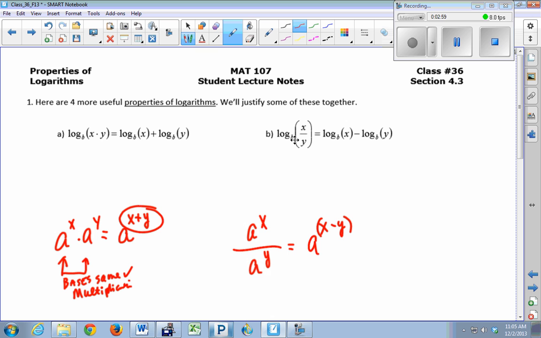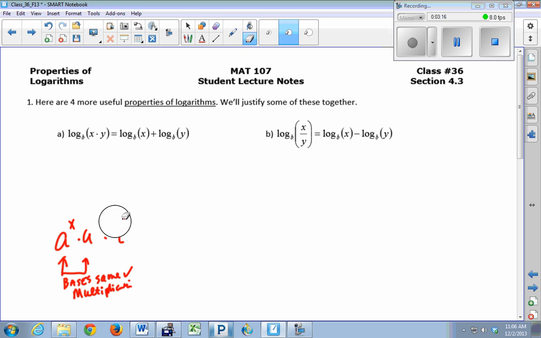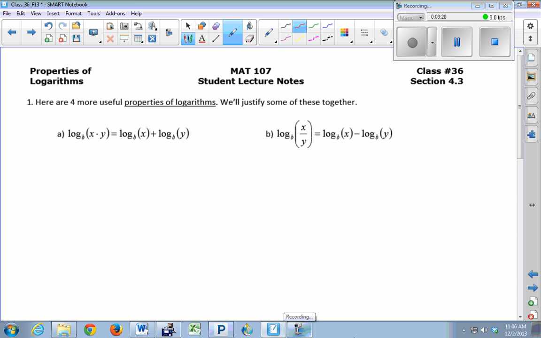Over here, we have log base b of a quotient. When we divide, we subtract our exponents. Since log base b of x and log base b of y are just a fancy way of writing exponents, we subtract them. So one of the things I want to show you is a proof for the first property, and you can use that same idea to do a proof for the second one at your leisure.